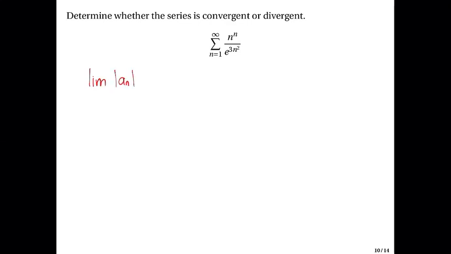We get the limit of the absolute value of a sub n raised to 1 over n as n approaches plus infinity. We now have the limit as n approaches plus infinity of n to the n over e raised to 3n squared, and then we raise this to 1 over n.